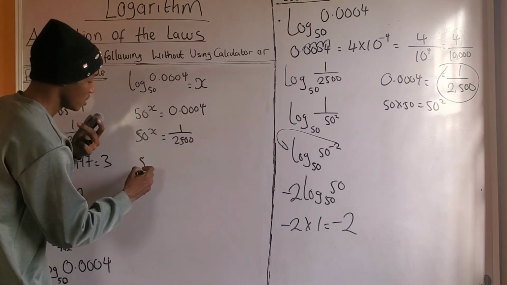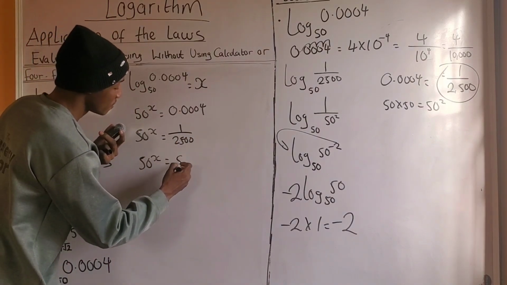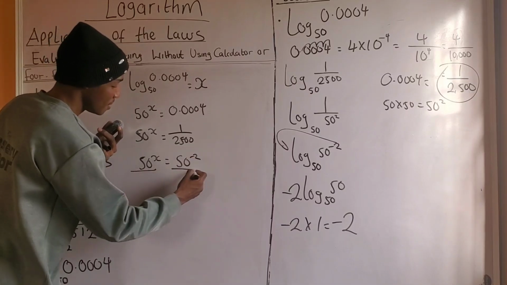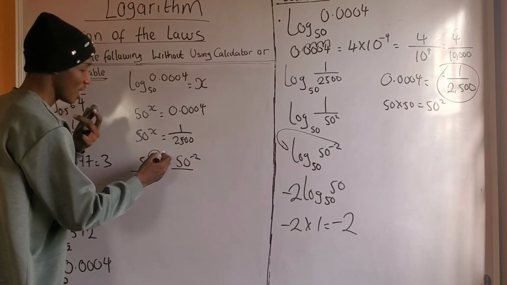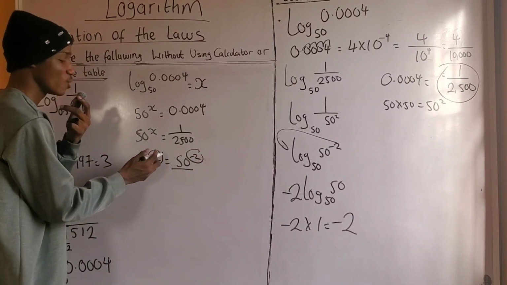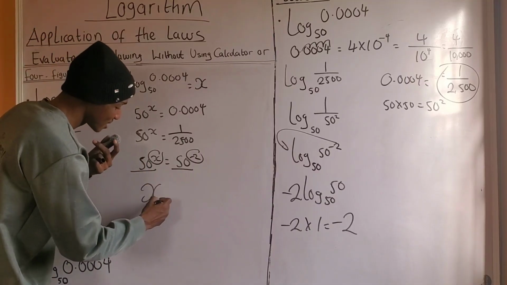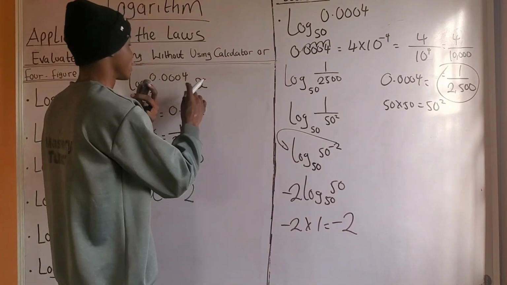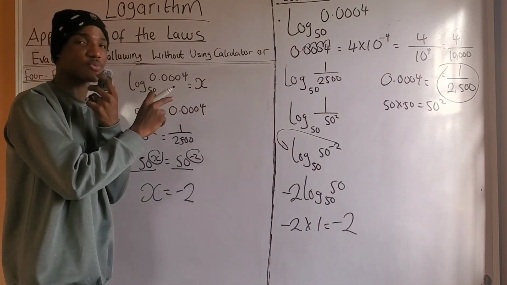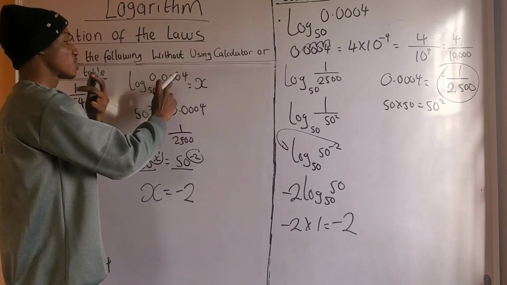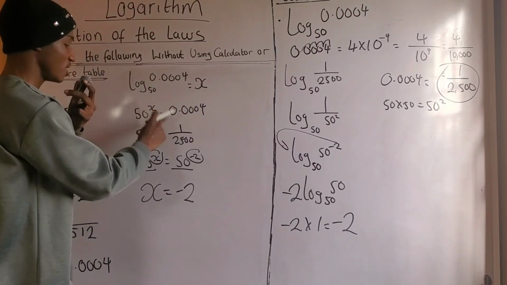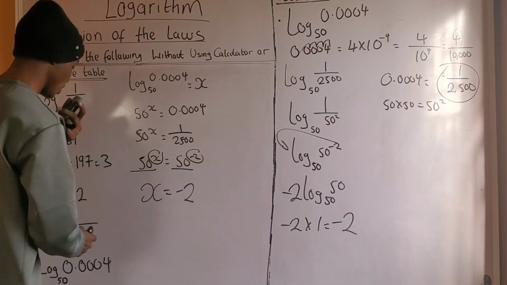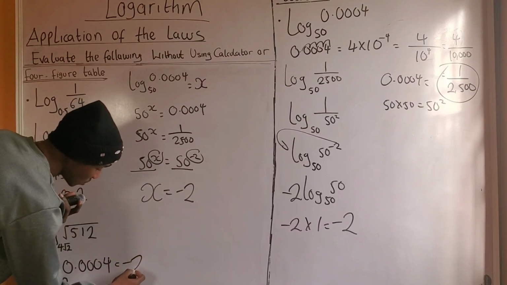So 50 raised to the power of x equals 50 raised to the power of negative 2. Because the bases are equal, I can equate the powers. So I'm going to have x equals negative 2. Hence, log 0.0004 base 50 equals negative 2. So the answer here is negative 2.